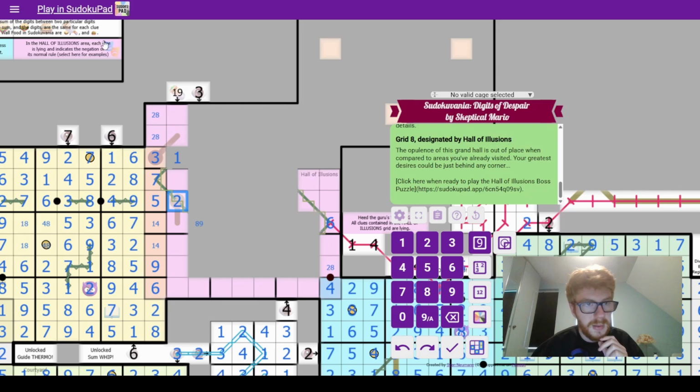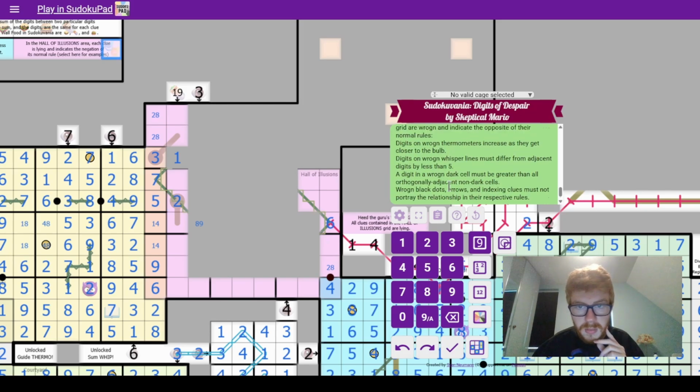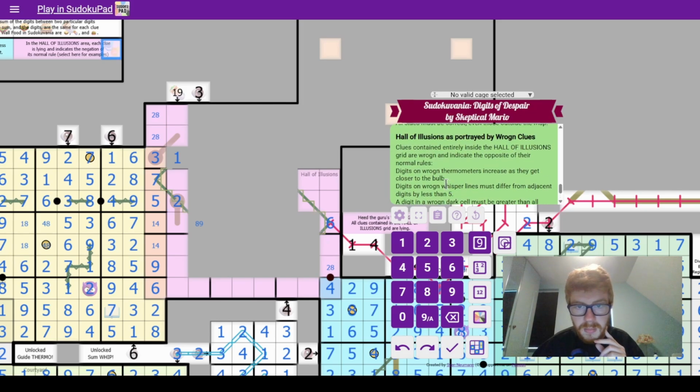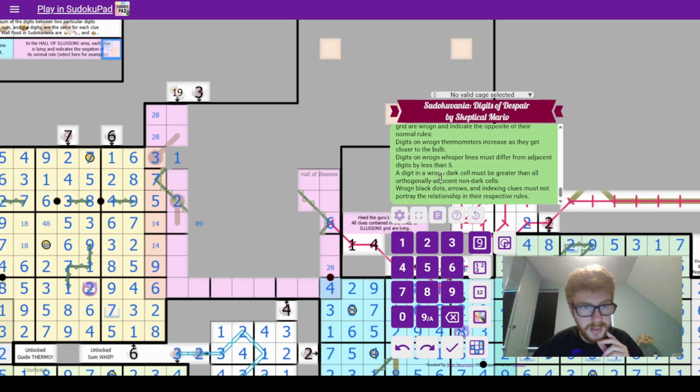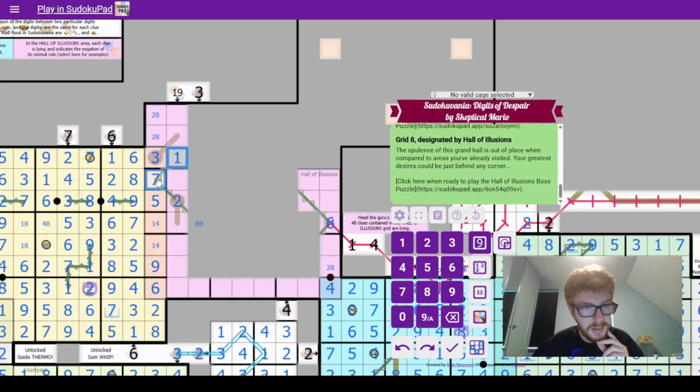So what does it say about scry clues? Contained entirely inside Hall of Illusions grid. So that might actually be correct. Because they are contained entirely within. So they must differ less than 5.